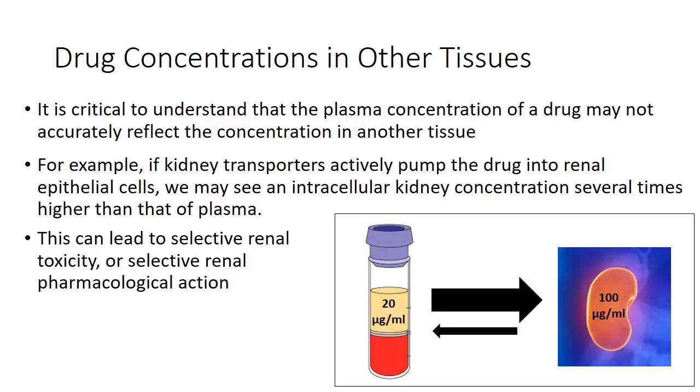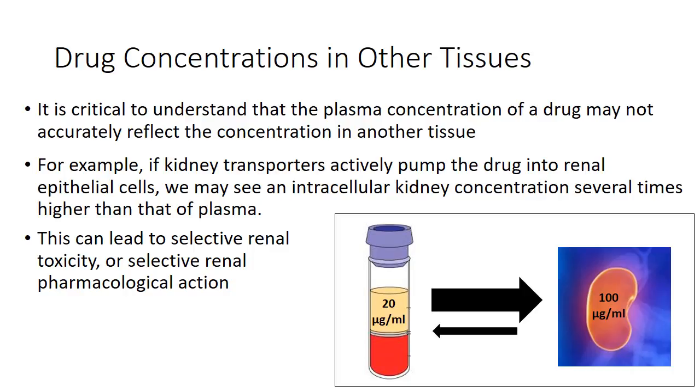So it's never good enough to just look at the plasma concentration and assume you know everything about that drug in the body or where it's distributed. In some cases, a lot of it could be concentrated in one tissue or another tissue, and that's mostly because of the transporters in each tissue. The kidney has transporters that can concentrate drugs much higher than their plasma concentration, and that can happen in the liver as well and some other tissues.